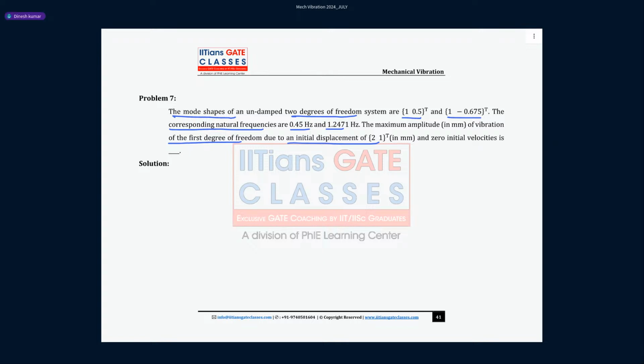So guys, what's the mode shapes given here. Mode shapes are given as phi 1 is [1, 0.5], and phi 2 is [1, -0.675].